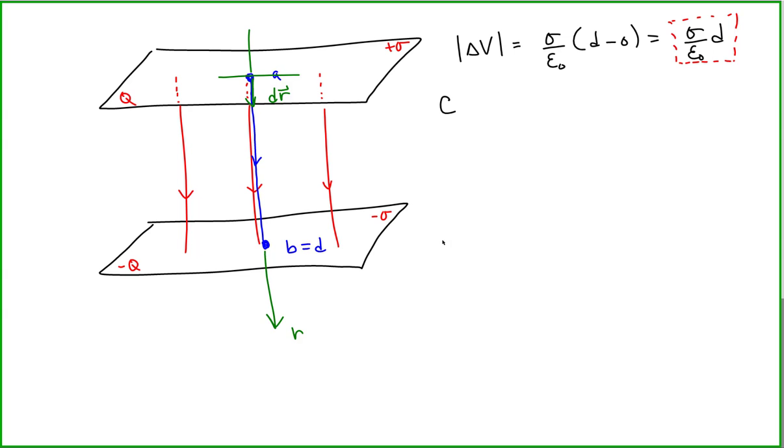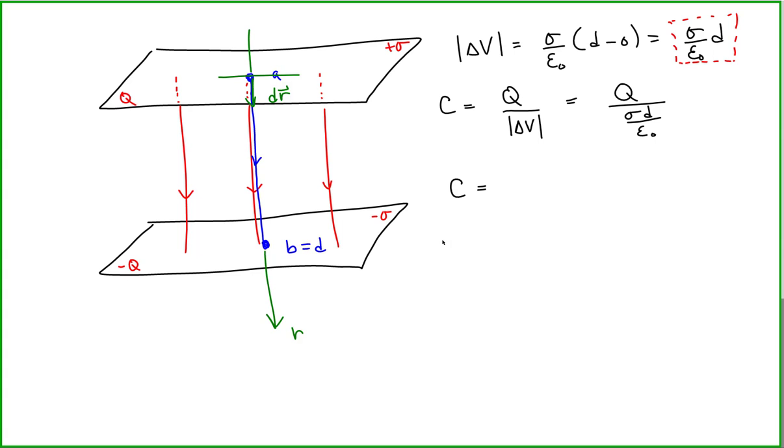So, remember, the capacitance is just defined as the magnitude of the charge on the plate over the magnitude of the potential difference between the plates. So that means that the capacitance is equal to Q over sigma d over epsilon naught.